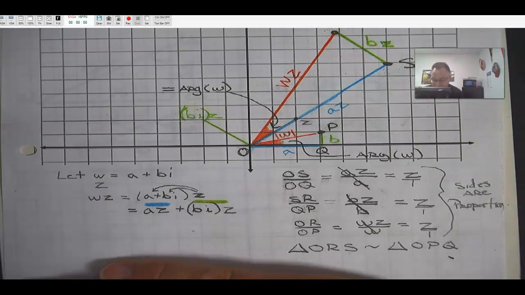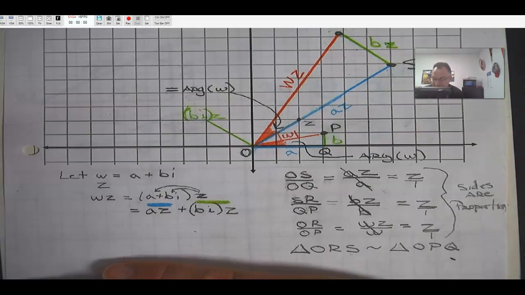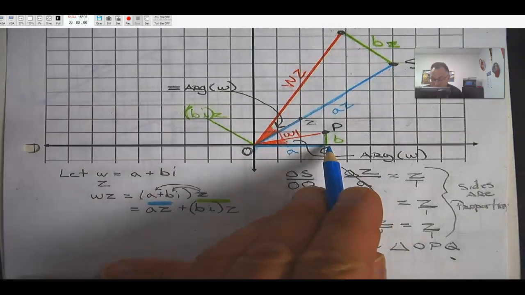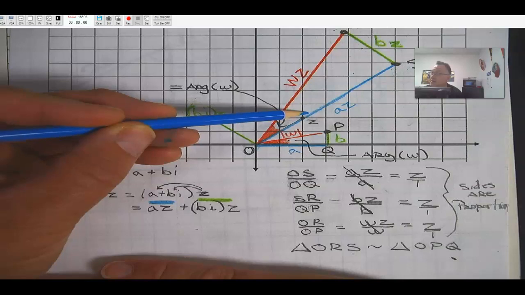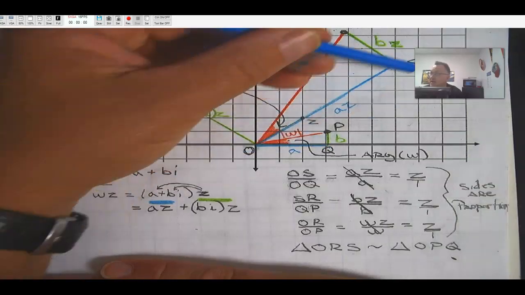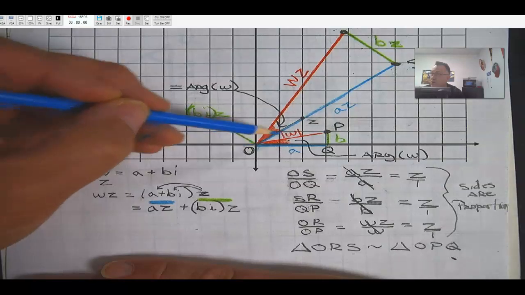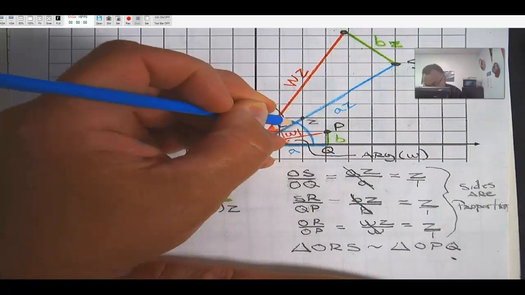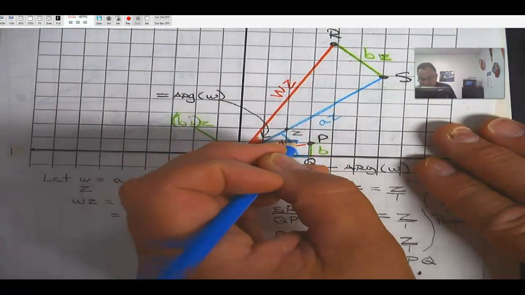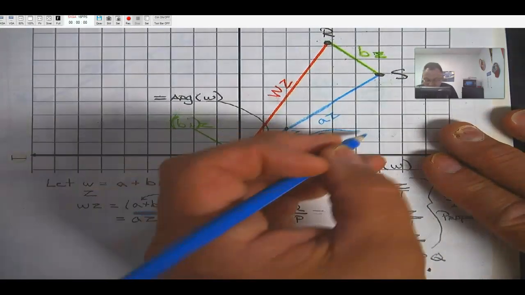Use three letters. No, you're looking for the angle from this blue line to that blue line. It's S, O, Q. So this is the argument for, that's the argument for Z.